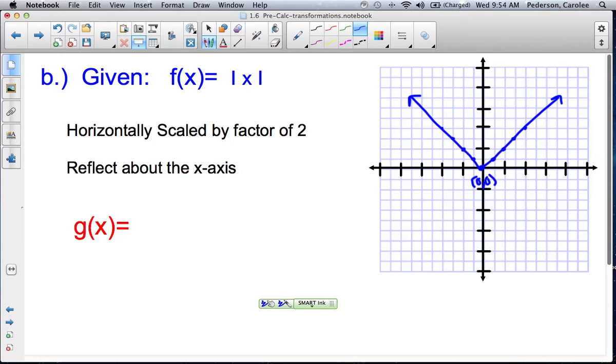Now let's apply the transformations. One of the things it says is horizontally scaled by a factor of 2. So, how am I going to do that? Is it 2 over x? 1 over x? You're really close. So remember, horizontal happens inside.